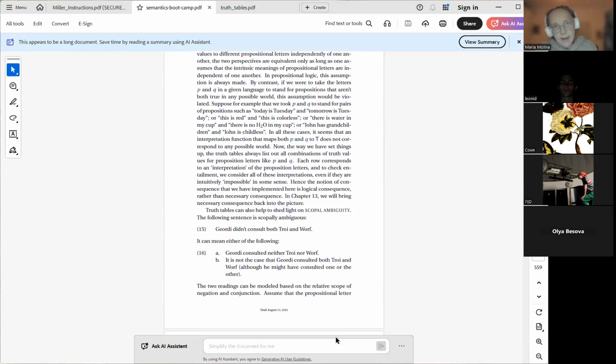Scope is such thing where negation, for example, can influence more or less only part of the sentence, or it can influence the whole sentence. I mean, there are different scopes of negation.